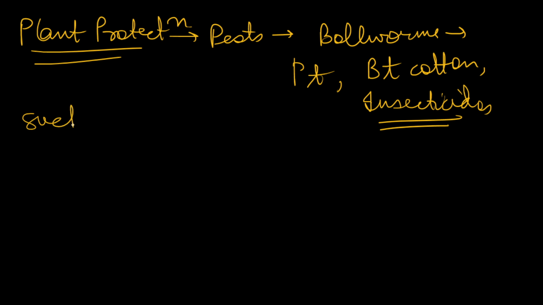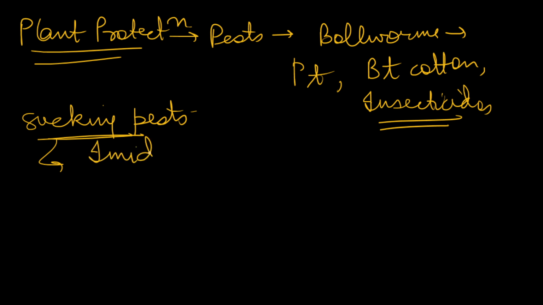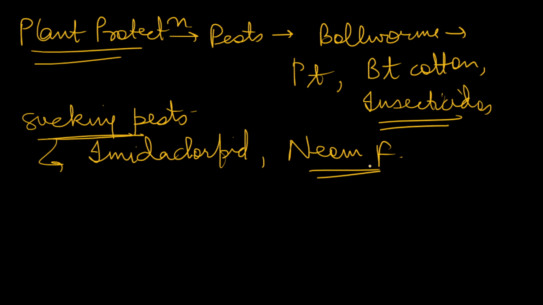Other sucking pests also affect cotton, such as aphids and white flies. For them we can use chemicals such as imidacloprid, or biological methods such as neem formulations. So these are about pests.